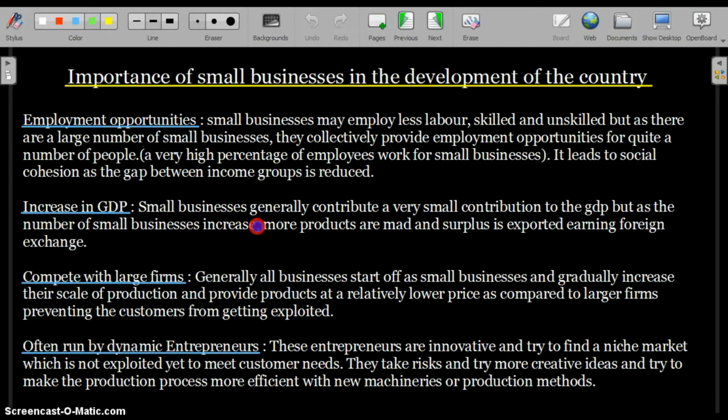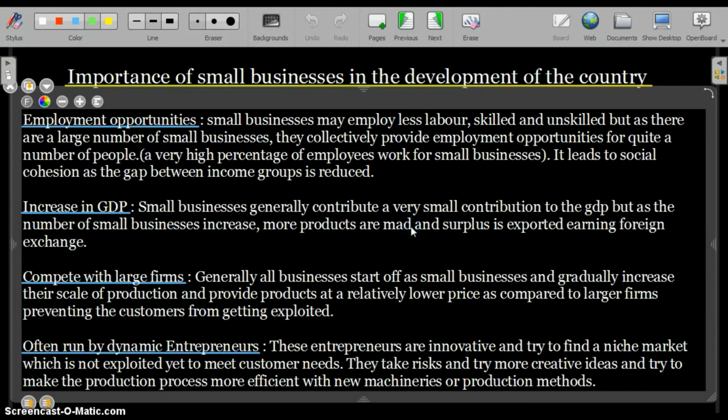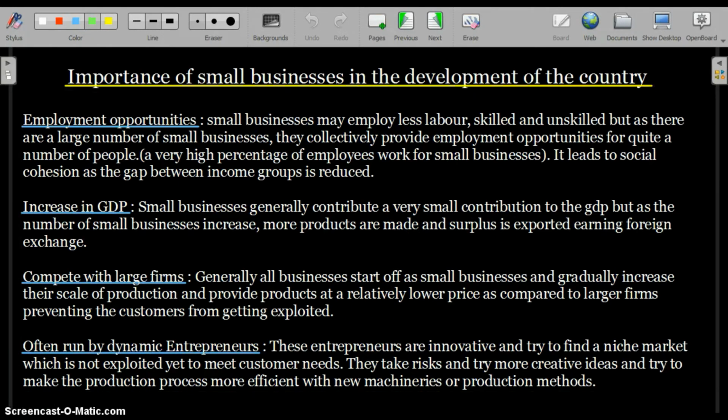Now, there's also another point of increase in GDP. Small businesses generally make a very small contribution to the GDP because they don't produce a large amount. But collectively, as the number of small businesses increases, more products are made and surplus is exported, which is used to earn foreign exchange.